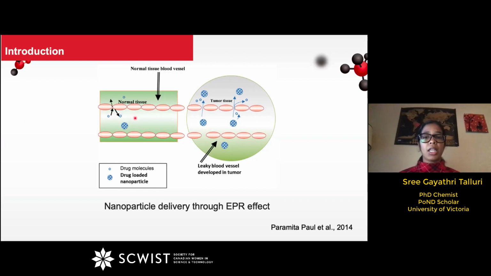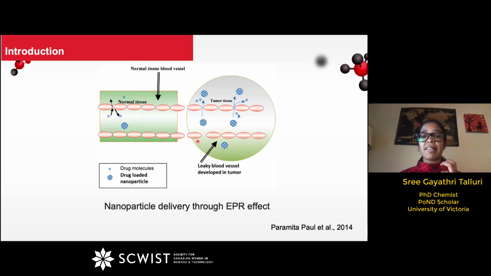Drugs we have are typically of the size of 1 nanometer. At this size, the drugs can enter normal tissue as well as a tumor tissue, as you can see in the figure. Reports show that the cancer cell has a leaky vasculature. As you can see here, the gaps show us that the vasculature is leaky.